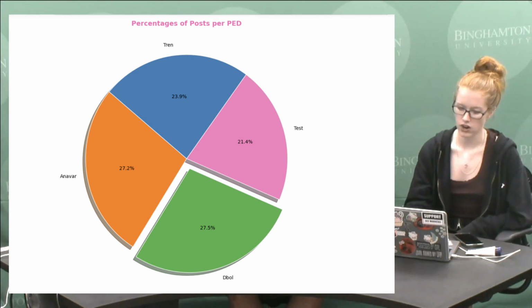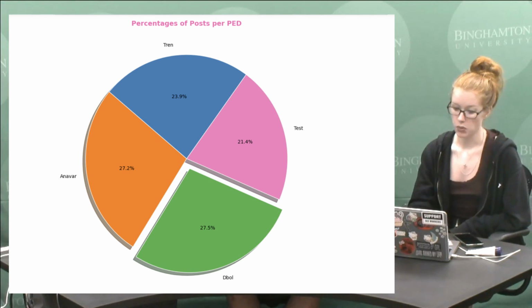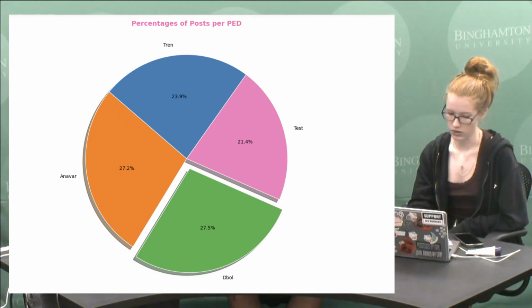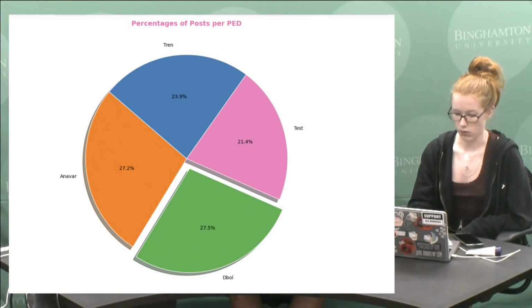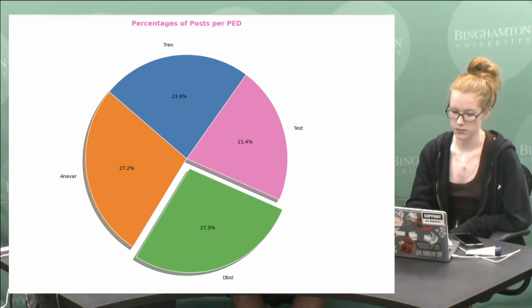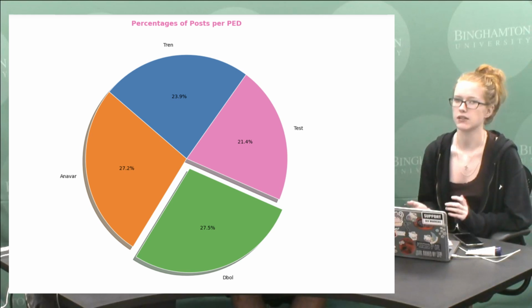So after creating this graph, I found out that 27.2% of the posts were about Anavar, 27.5% of the posts were about D-ball, 21.4% were about test, and 23.9% were about trend. So from this graph, we can see that it's pretty even all around.